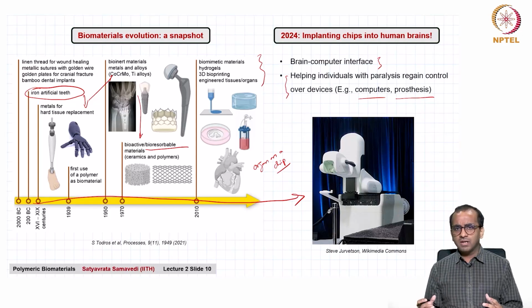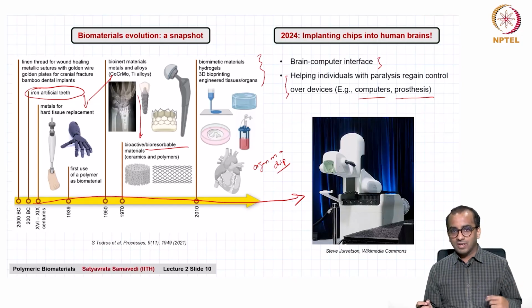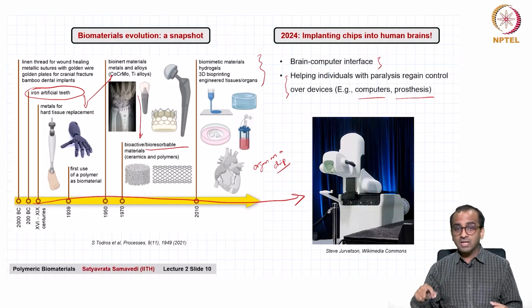So, it is remarkable and mind boggling how we have gone from materials that were just serendipitously found to have healed within the body, to where you are deliberately putting materials into the body to help someone regain control over specific actions or even limbs.